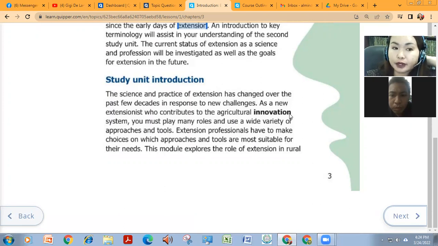Kasi nothing will remain as it is, but the word change is the only thing na it's really the only thing na dili mag-change. Everything will change, and so lahat din, no? An extension, kaya evolving talaga. Kung unsa mo na learn this karon nga adlaw, when you graduate, actually iba na pod. Iba na imong ituturo, iba na imuhang i-share.